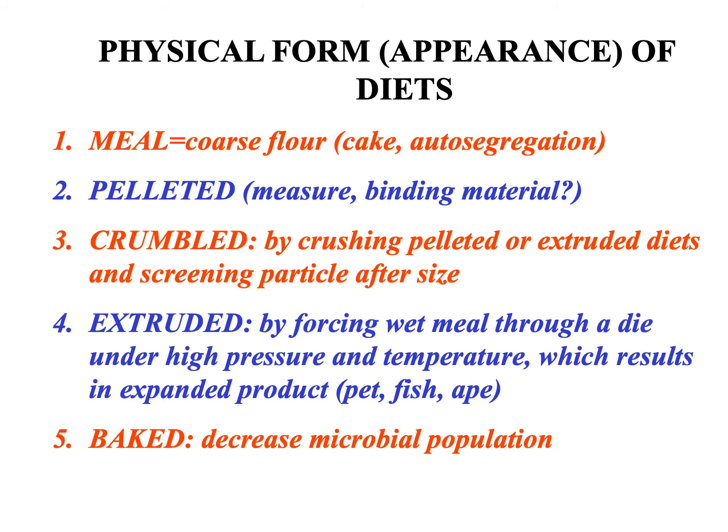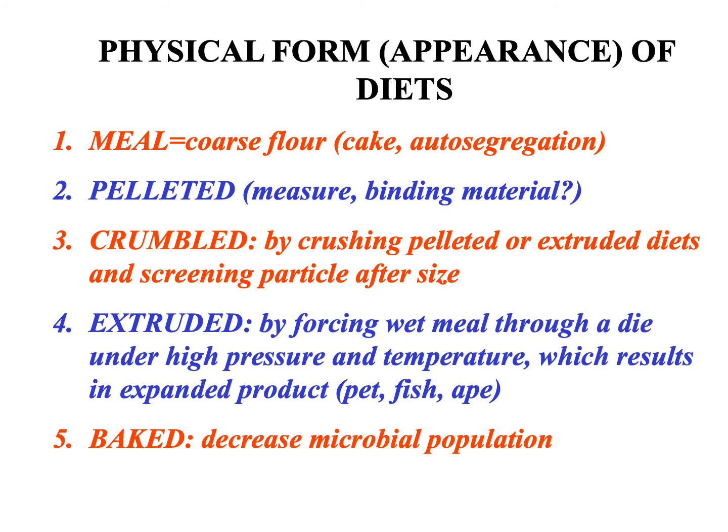Four, extruded by forcing wet meal, the mixture of everything, through a die under high pressure and temperature, which results in an expanded product. This is used for pets, when 1 liter is not more than a half kilogram.